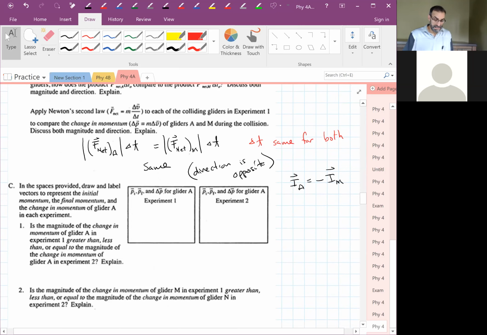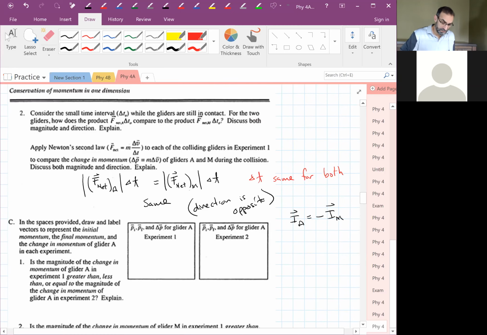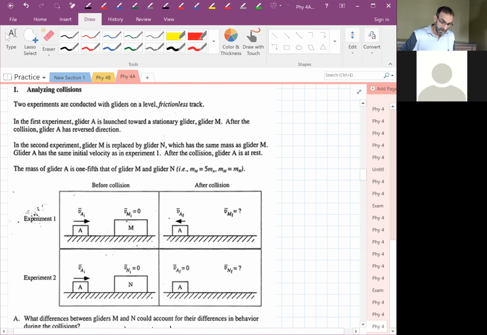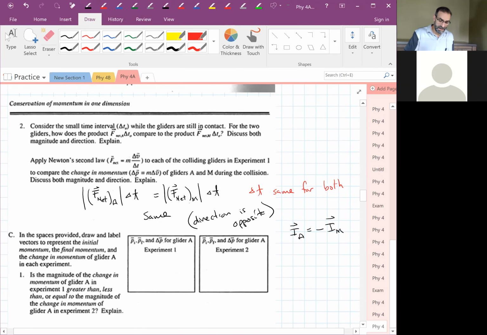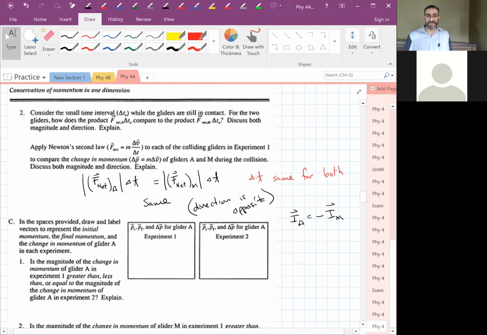So the first case, it bounces back. Is that right? Got to remind myself here. Yeah, in experiment 1, A comes in, hits M, and bounces back in the opposite direction. In experiment 2, it comes in, same mass, same velocity, hits N, and comes to rest. So it's trying to get us to figure out which one had the greater change in momentum.